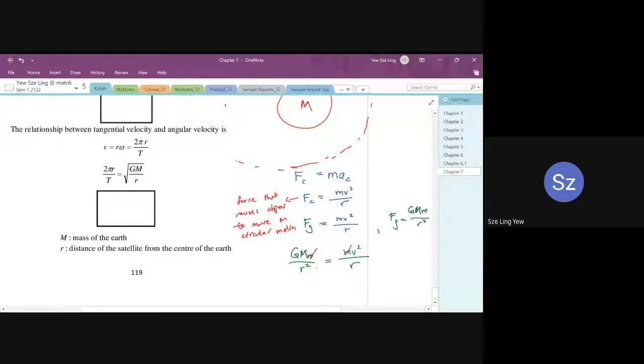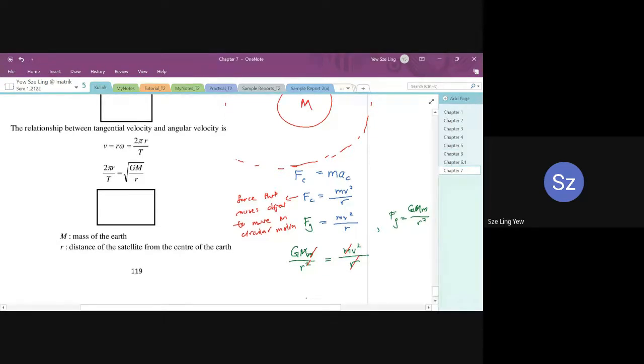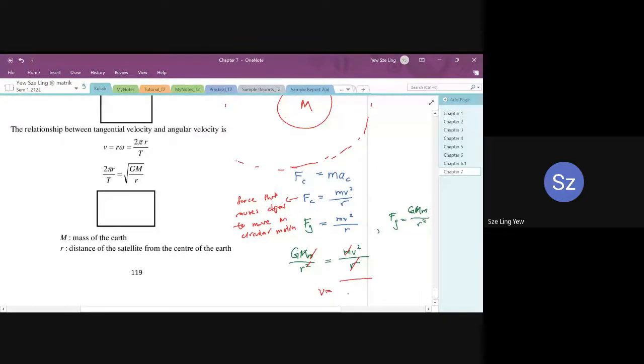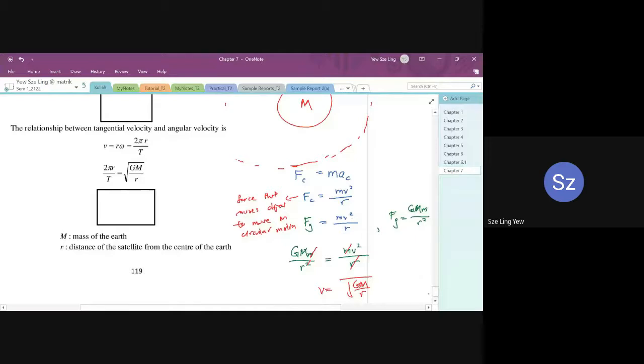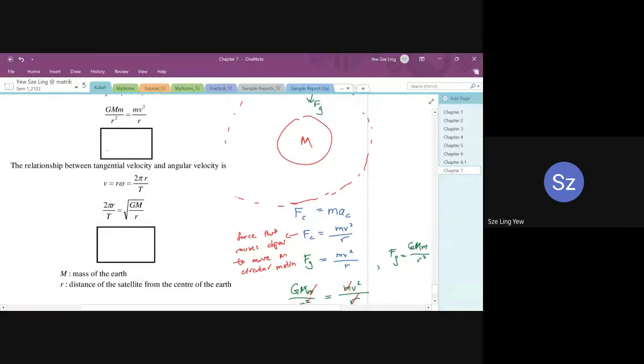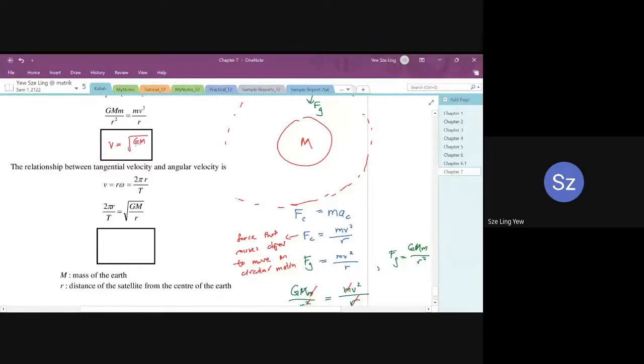Then the remaining terms give the equation for the velocity of the satellite, which is v equals square root of GM over r. So this is the equation in our first box.